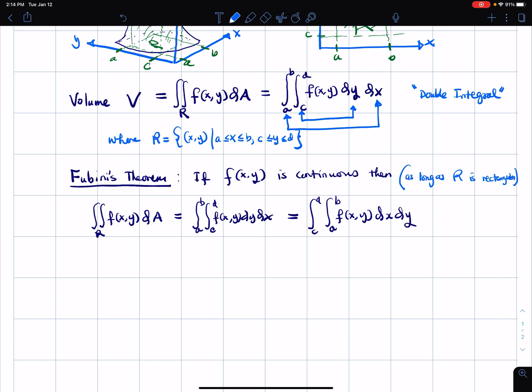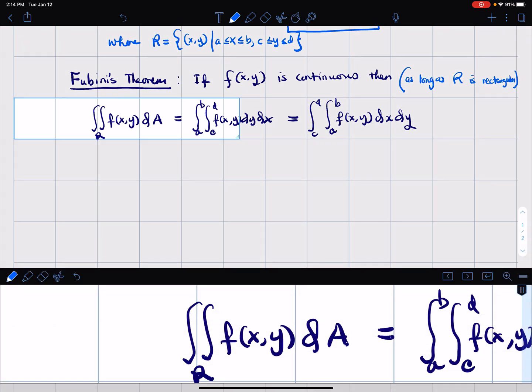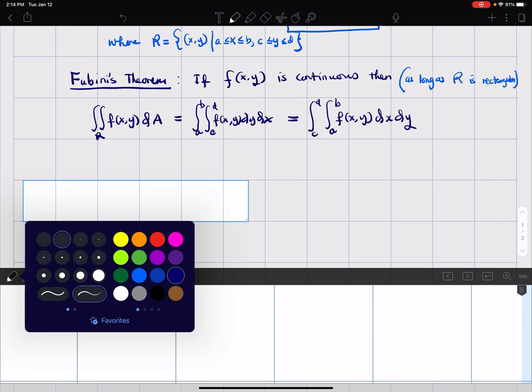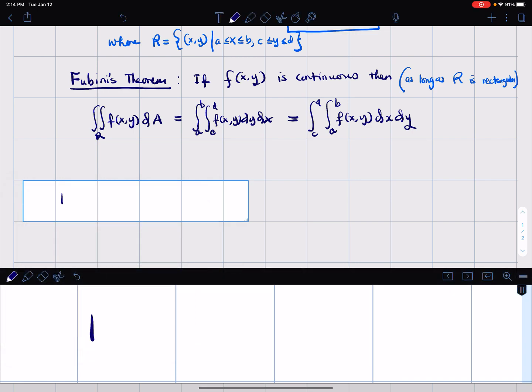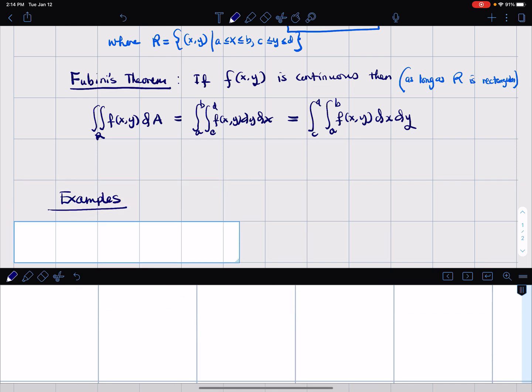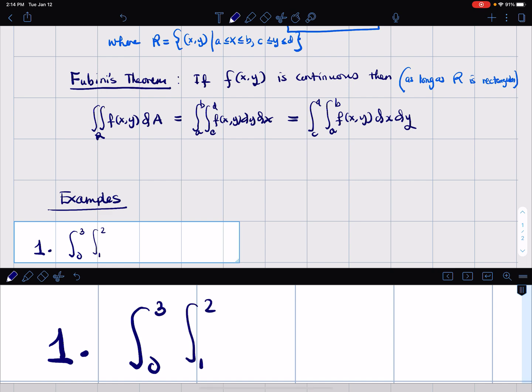Let us do some examples. Go to the first one. Let's do the integral from 0 to 3 and then 1 to 2 of x squared y squared dy dx.